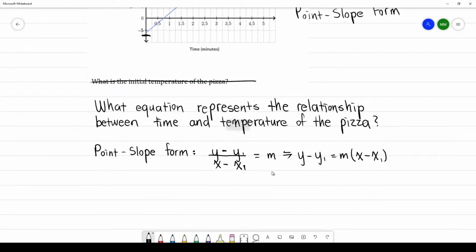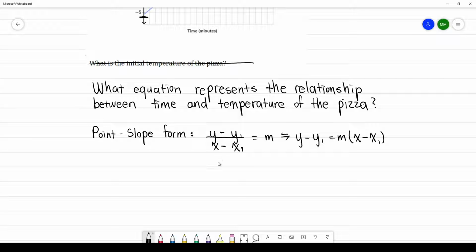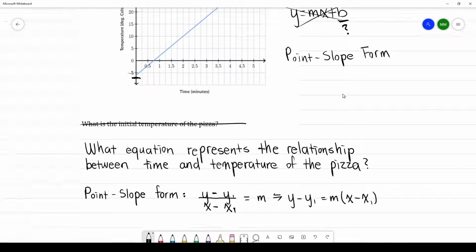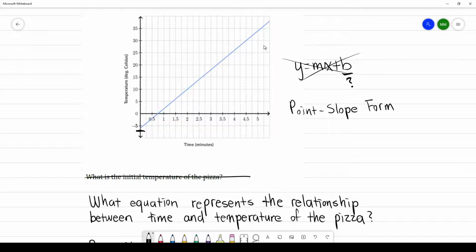So first you need the slope. Find the slope, same deal as always. You pick 2 points, so this point and this point look pretty legit. I find the change in y over the change in x.